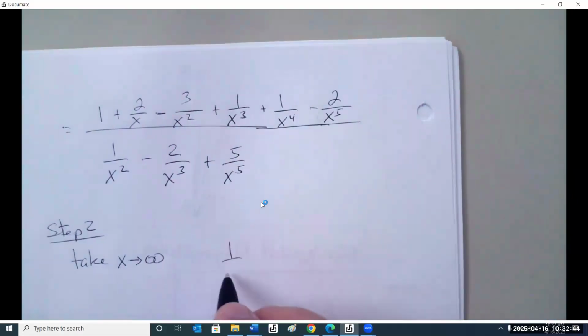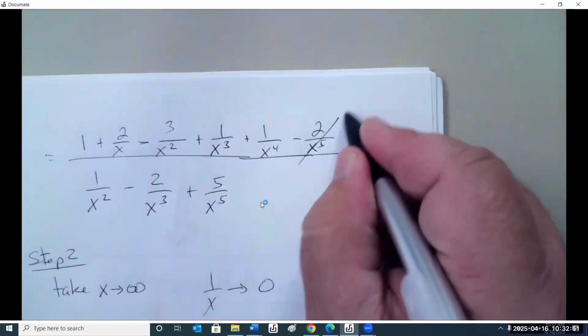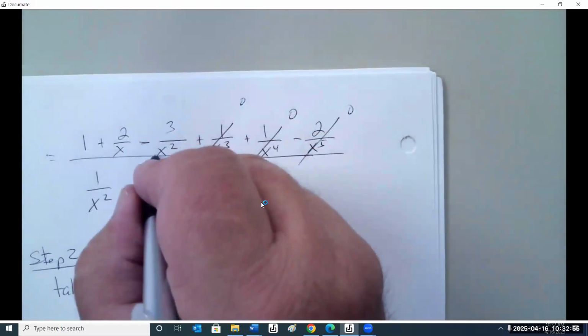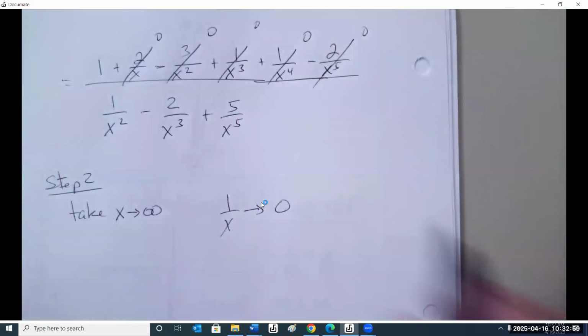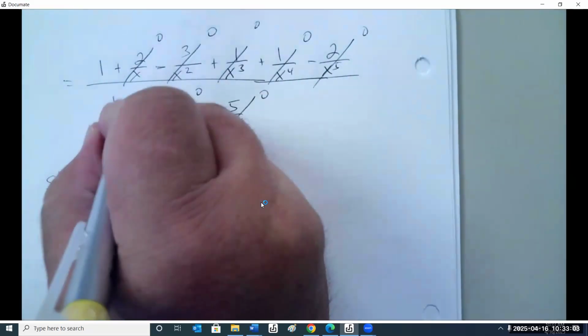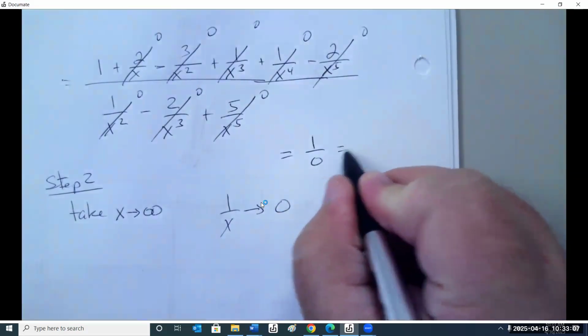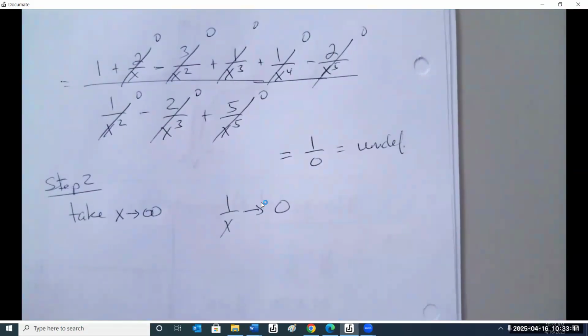Remember, what happens with 1 over x as x goes to infinity? This one goes to 0. So if there's x's on the bottom, that one goes to 0, that one goes to 0, that one goes to 0. All those go to 0. This one goes to 0, this one goes to 0, this one goes to 0. So we're left with 1 over 0, which is undefined.